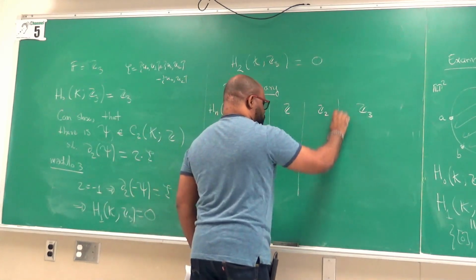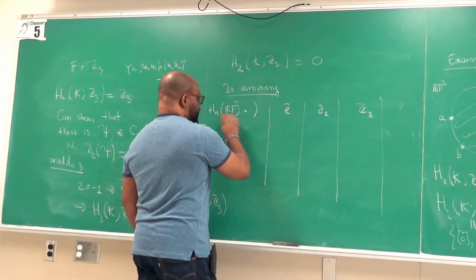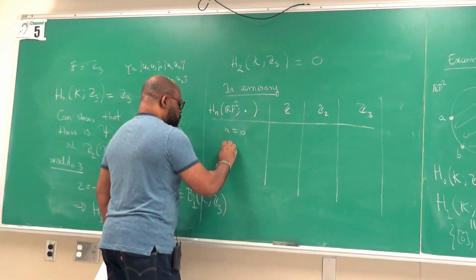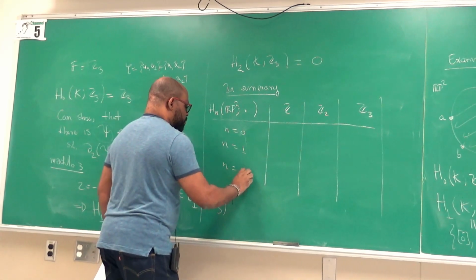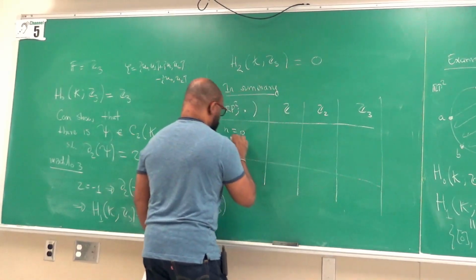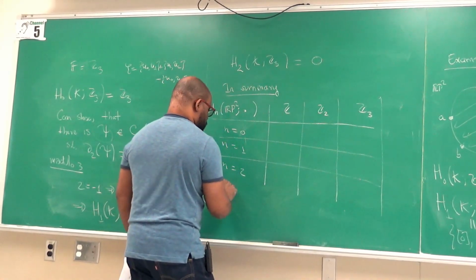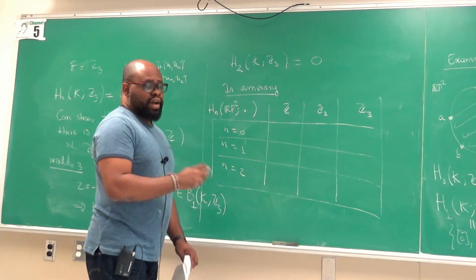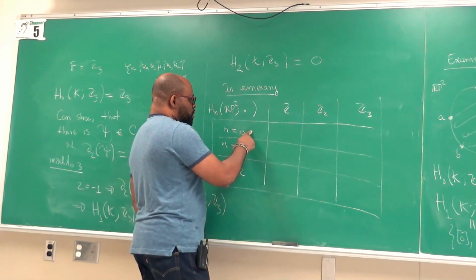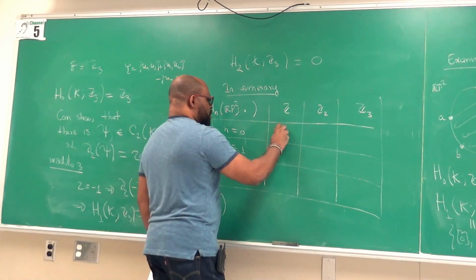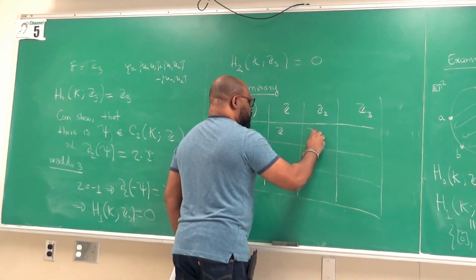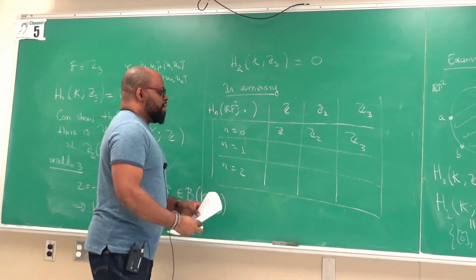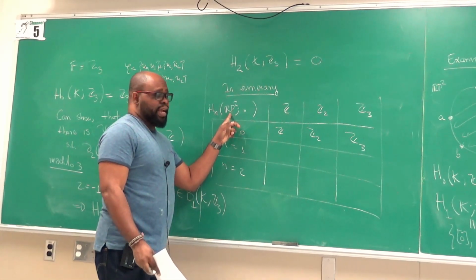And we want to do it in degrees, let's say 0, 1, and 2. Then the answers that we get are as follows. In dimension 0, we're always going to get 1 copy of the coefficients because the space is connected, it's path connected.